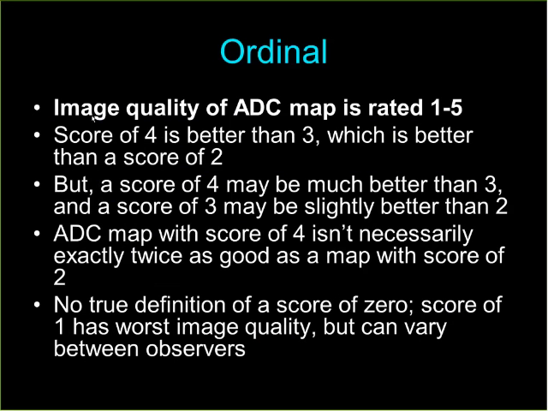And the ADC map with a score of 4 isn't necessarily exactly twice as good as a map with a score of 2. So again, there's a ranking here, but there's not really a continuous scale. There's no true definition of a score of 0, and we agree that a score of 1 will have the worst image quality, but it will vary among observers exactly what that is.